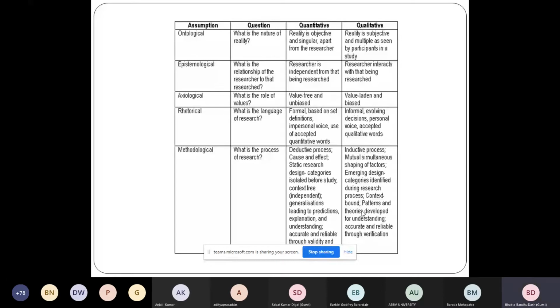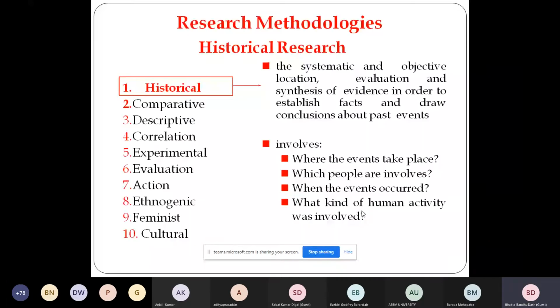So now I will quickly go through some types of research. When you talk about historical research, basically it's a very systematic and objective location, evaluation, and synthesis of the evidence to establish the facts and conclusions out of that. Say, for example, you need to analyze why an event has happened.